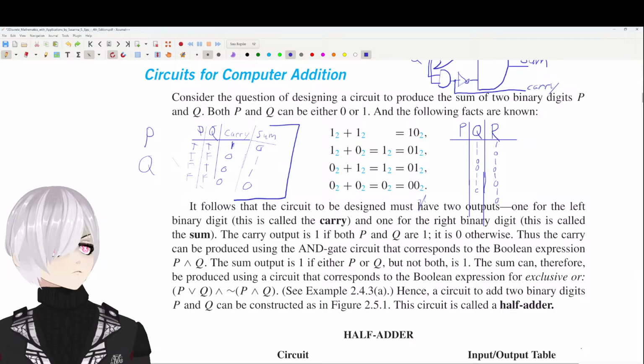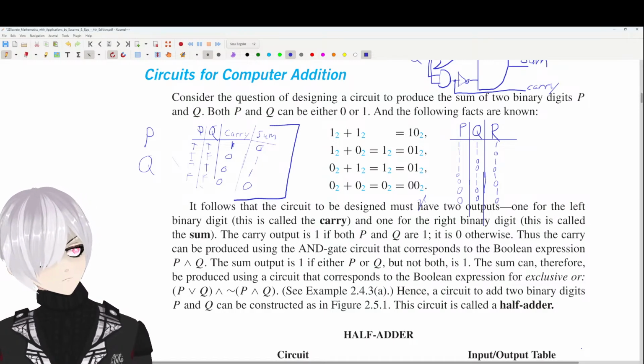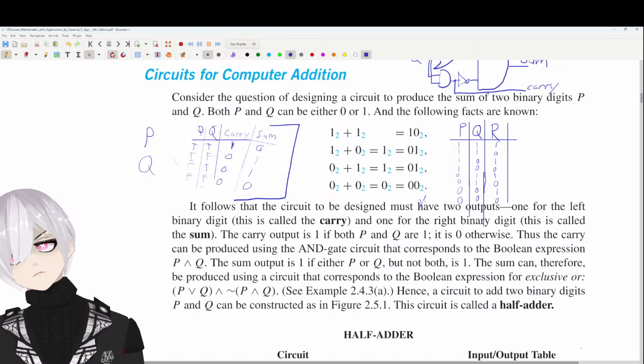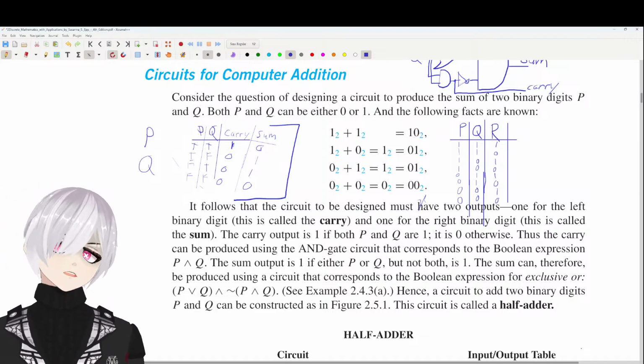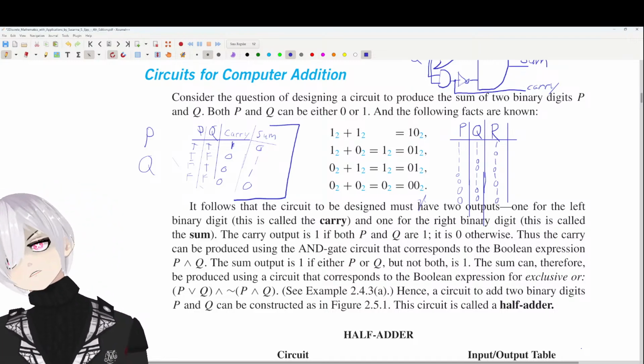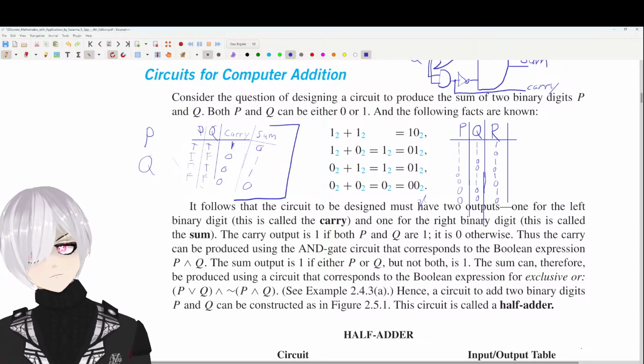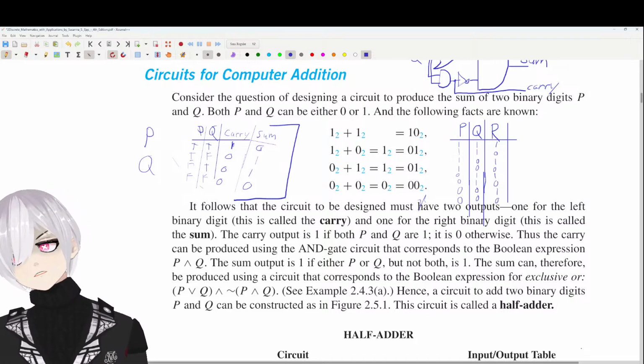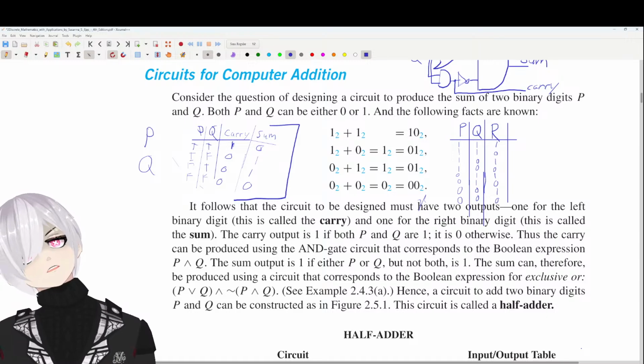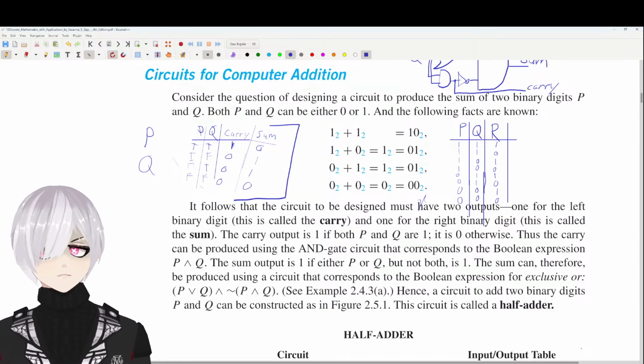I guess it's a little different than a half adder. A half adder has a carry and a sum bit. This would have something else.